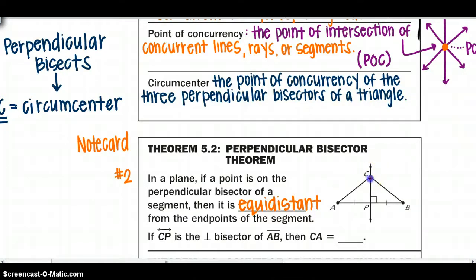So point C is on the perpendicular bisector CP, because P is the midpoint, and that line goes straight through and is 90 degrees. So if CP is the perpendicular bisector of AB, then CA is going to equal CB. We can use that theorem in some of our problems.